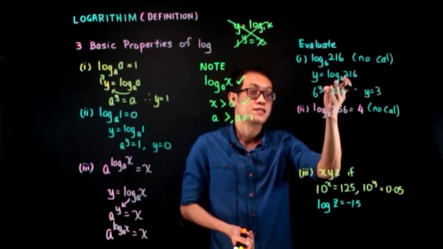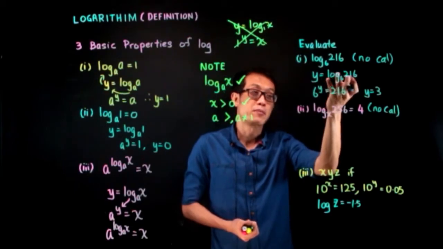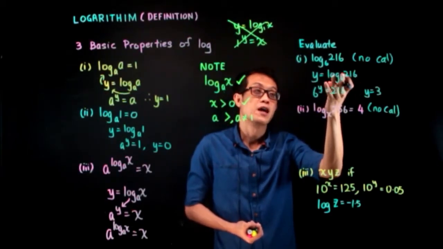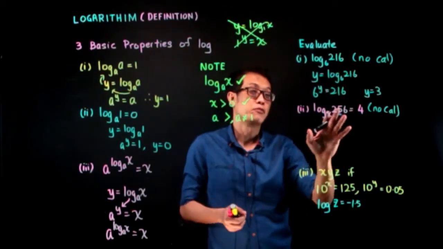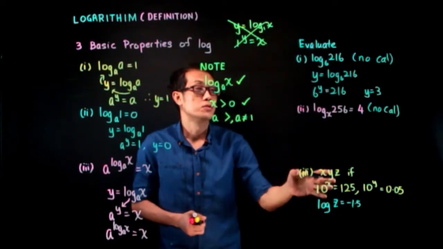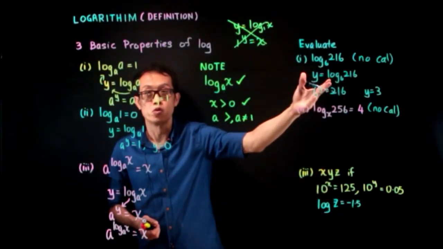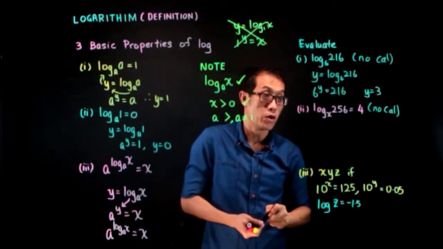Of course you can press the calculator, log 216 over log 6, but no, we are not using the calculator. We are supposed to do it using the basic properties of log.